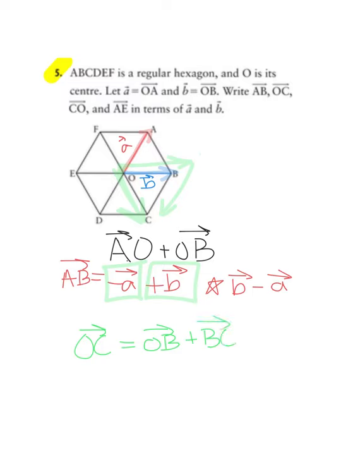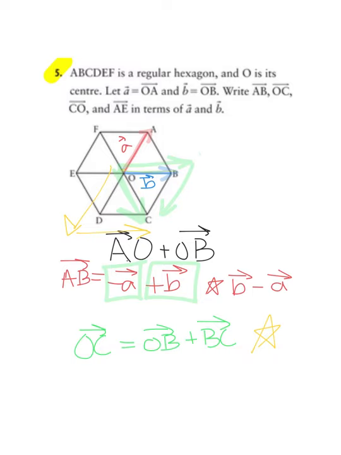BC. Now there are multiple ways to get these answers. I could have said, I'll use an even different color, OD plus DC. Either way, you're going to get the same result. So I'm just going to say OB plus BC is the one that I'm going to work with.